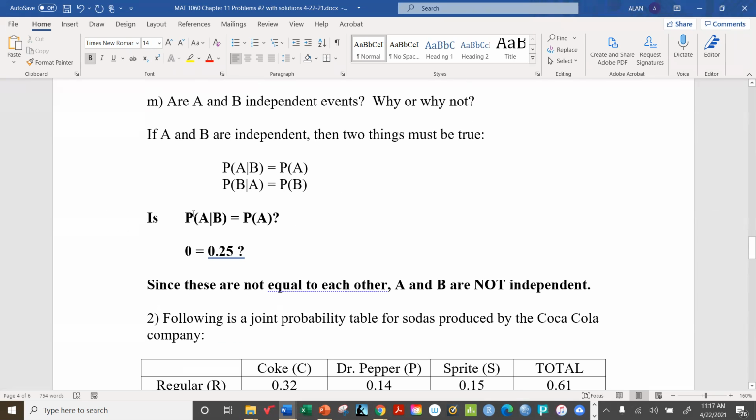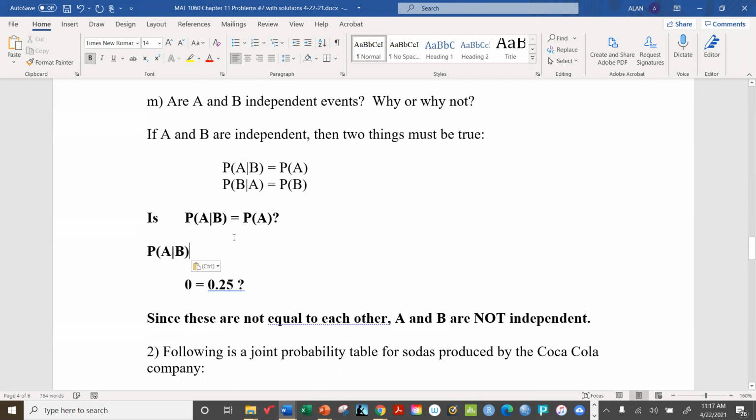And you might recall that just from a few minutes ago, we discovered that this probability is equal to 0. And before that, we discovered that the probability of A is 0.25. Well, are they equal to each other? No, obviously not. So that being the case, it must be true that A and B are not independent of each other.